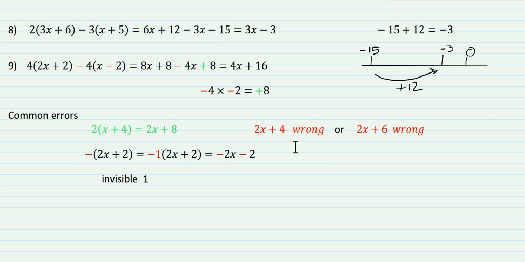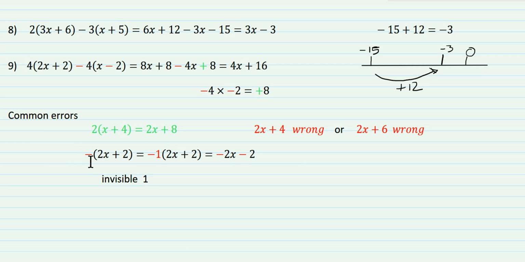What students sometimes do is they do the 2 times x, which gives 2x, then they just leave the 4, so this is wrong. Or they do the 2x, then they just add 2 plus 4, giving 6, which is also wrong. So this number outside multiplies everything inside the bracket. So 2 times x is 2x, and 2 times 4 is 8.